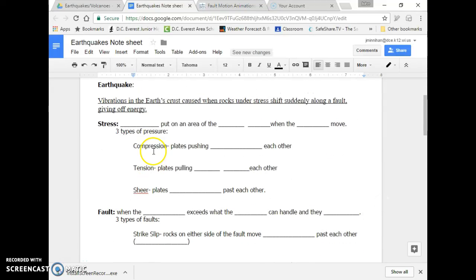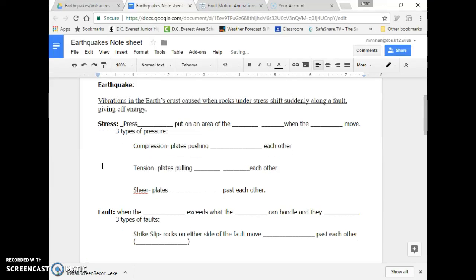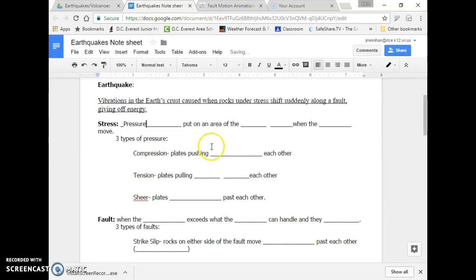All right, so a stress is pressure put on an area of the Earth's crust when the plates move. Okay, so pressure put on an area of the Earth's crust when the plates move.